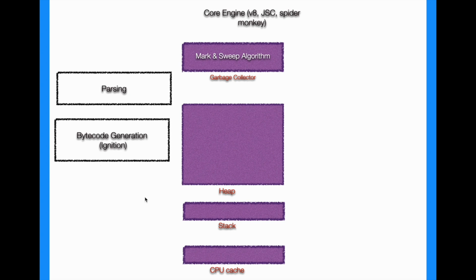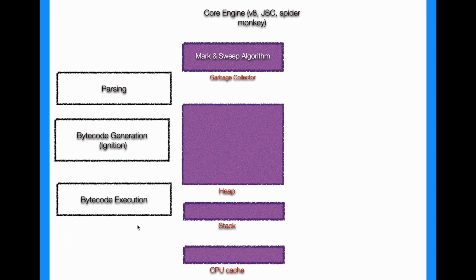Let me be clear here. I'm not telling the complete flow in this diagram. I'm just telling what parts are available in the core engine. In the next slides or lectures, I will give you the clear picture of everything so that you can understand. For now, just keep these terminologies in your mind.